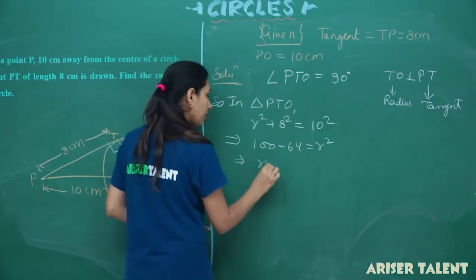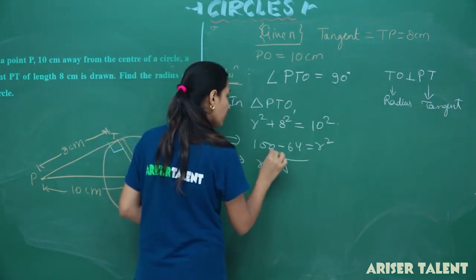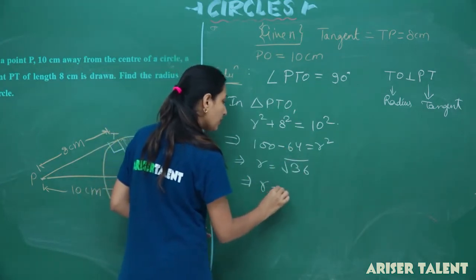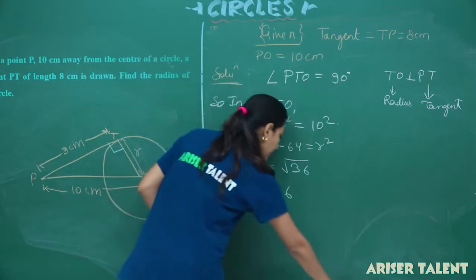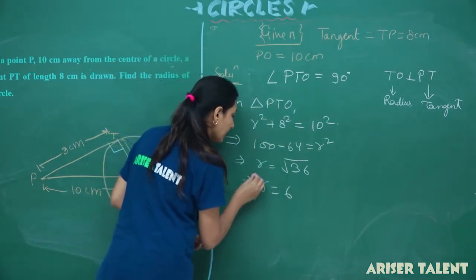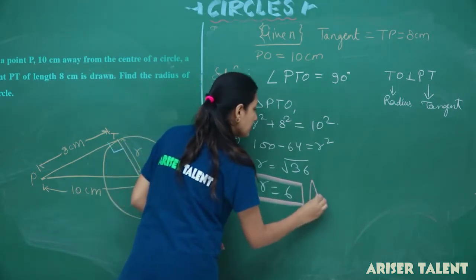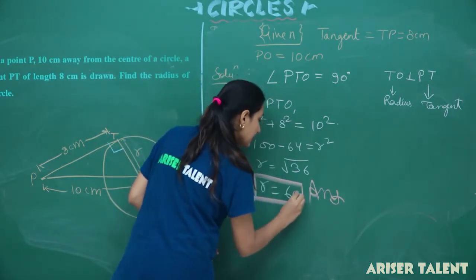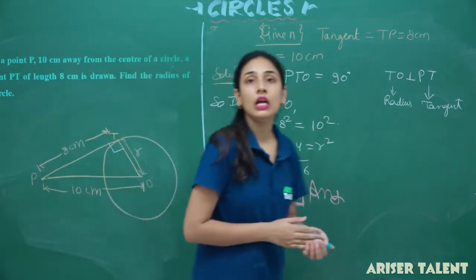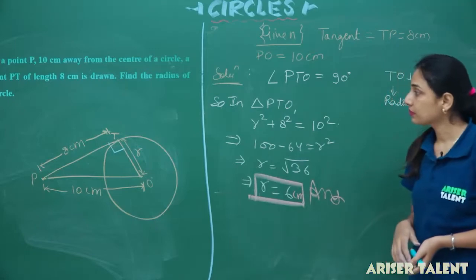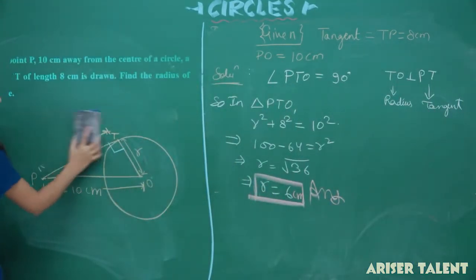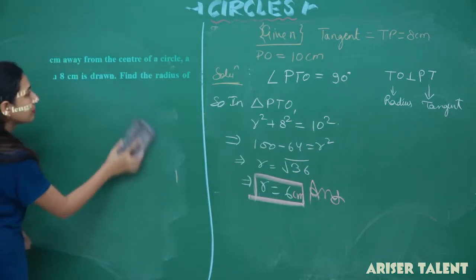Then R will be equal to root of 36. This implies that R will be equal to what? 6, isn't it? So, the radius will be nothing but 6 in centimeters. So, R equals 6 centimeters is your answer for this question. Alright, note it down so that we can move to the next part.